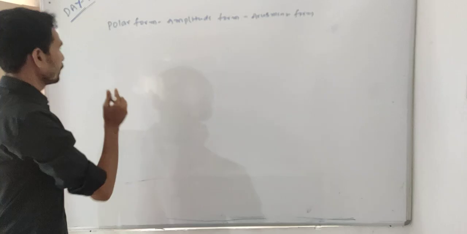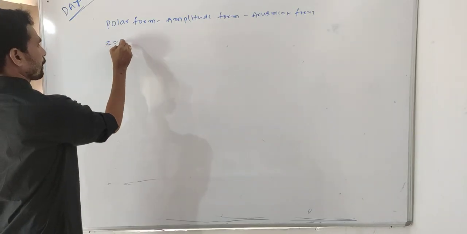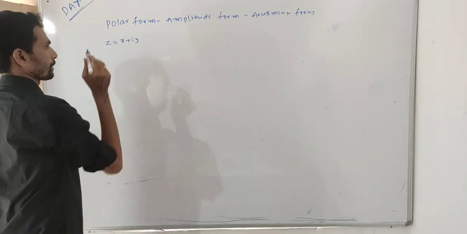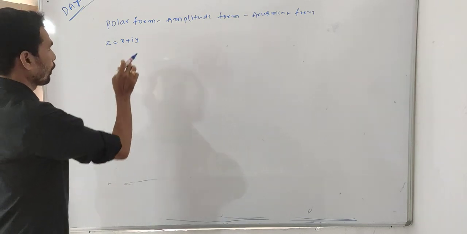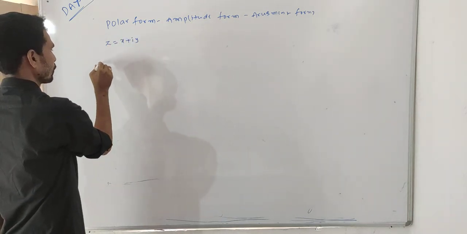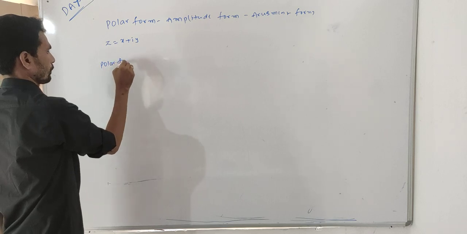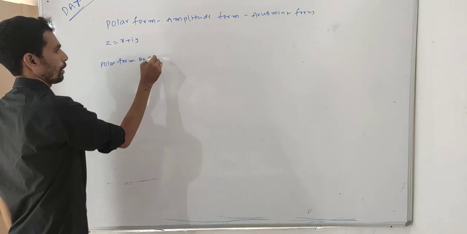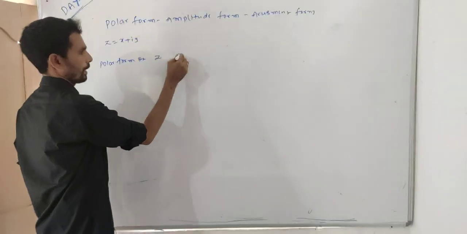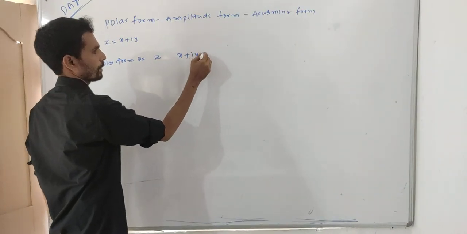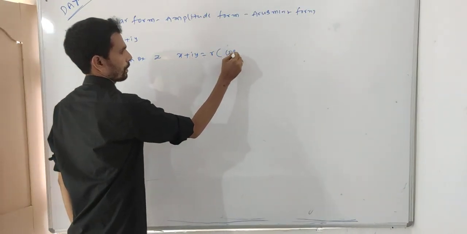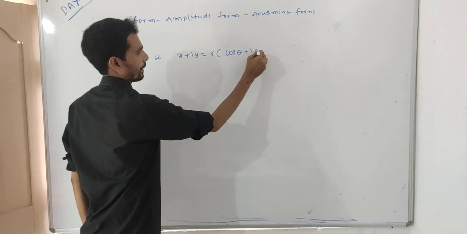What is the polar form of a complex number? For example, if z is equal to x plus iy is a complex number, then its polar form, or argument form, is x plus iy is equal to r of cos theta plus i sin theta.